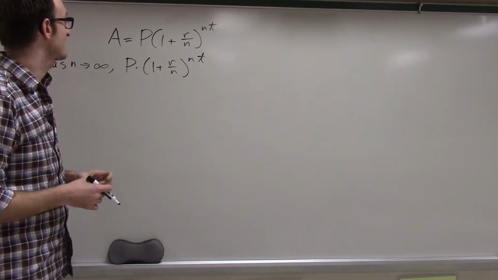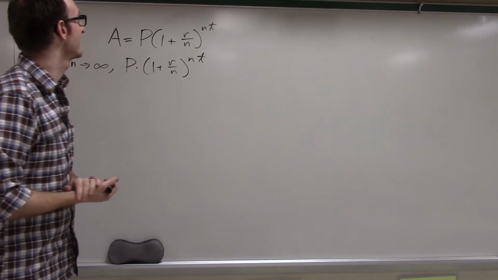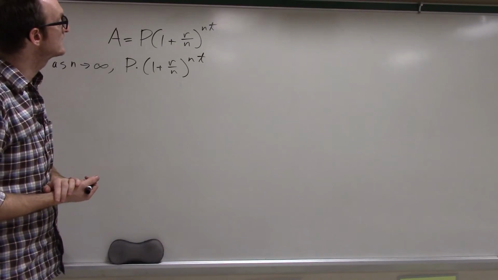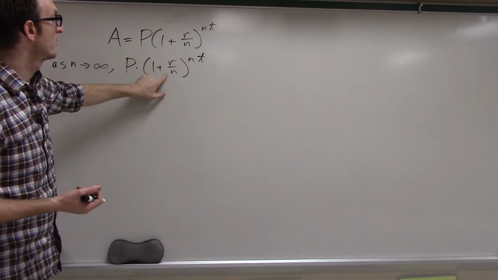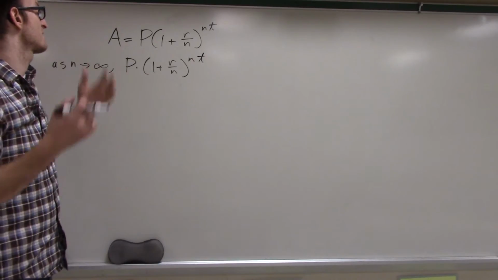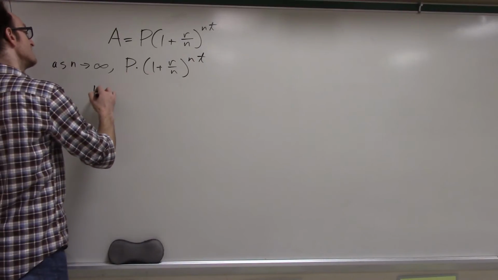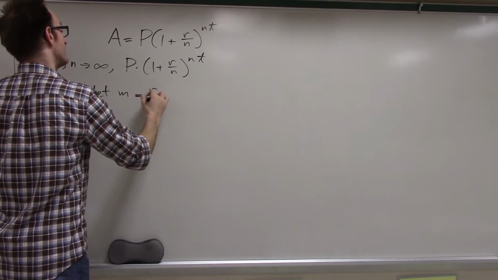And how can we get the r out of there? One thing we might do is replace r over n with another variable, say m. So let m be r over n.